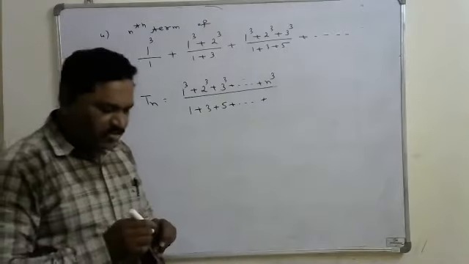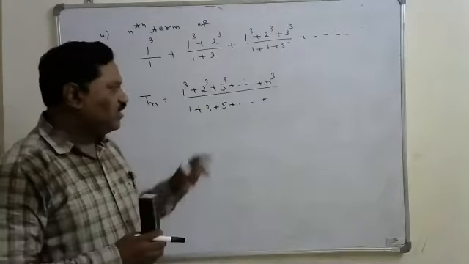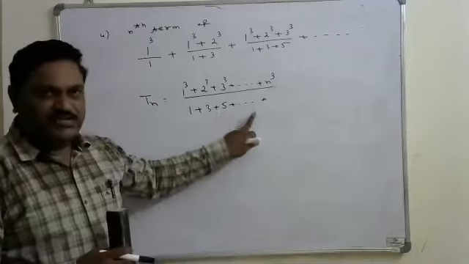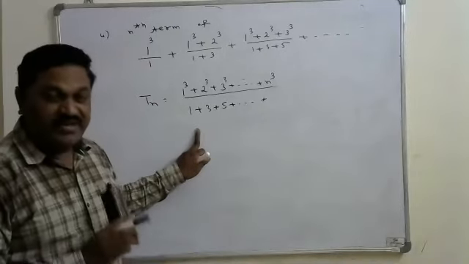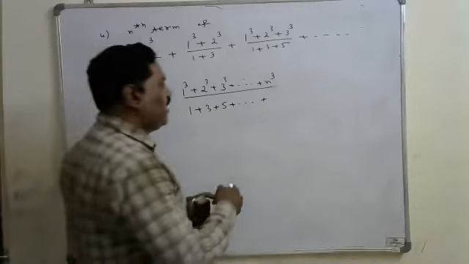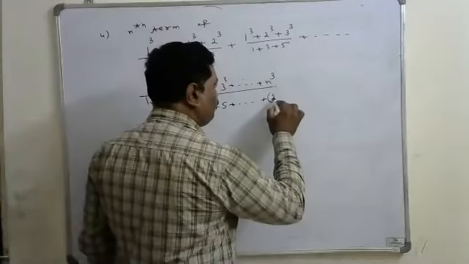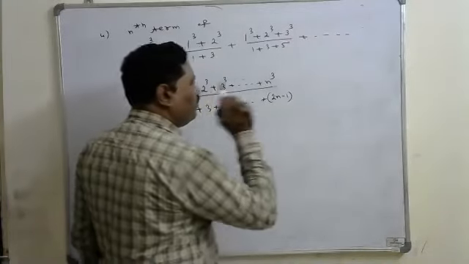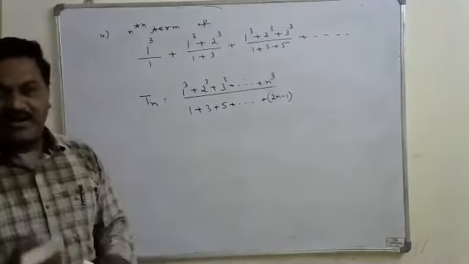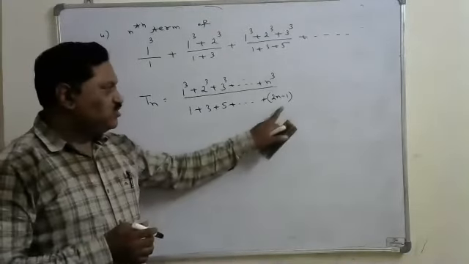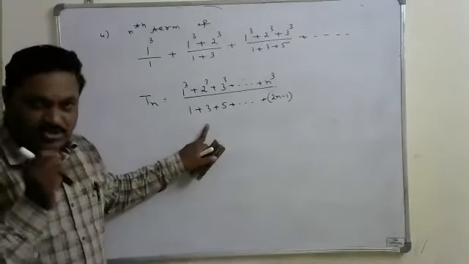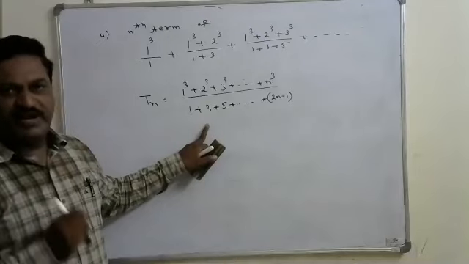I have already given you this point: in an odd number series, if it starts with 1, then the nth odd number is 2n minus 1. This 2n minus 1 is the nth odd number. So this represents the sum of the first n odd natural numbers.